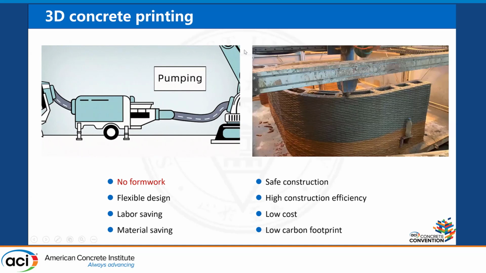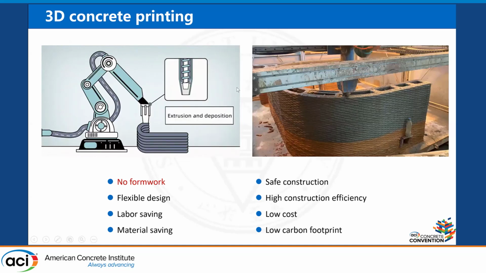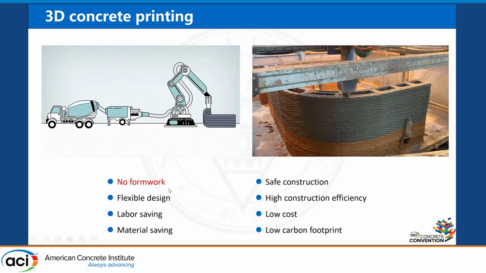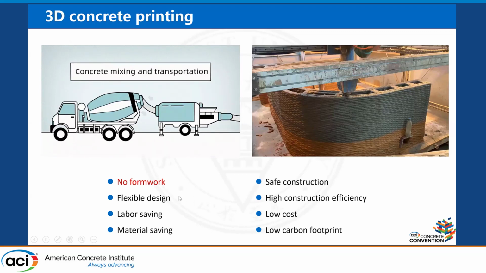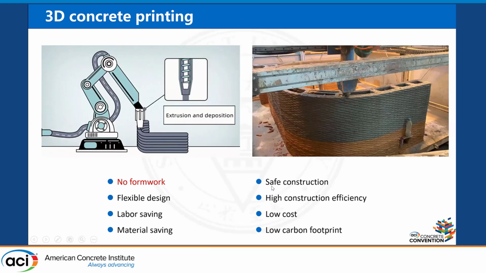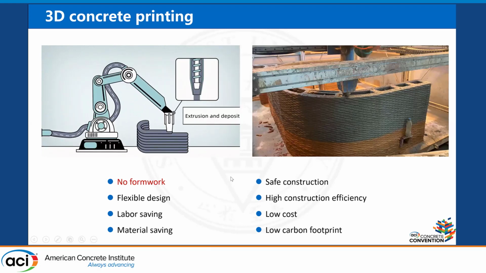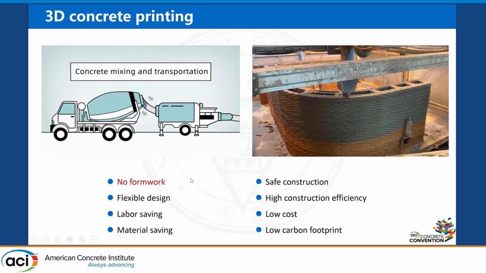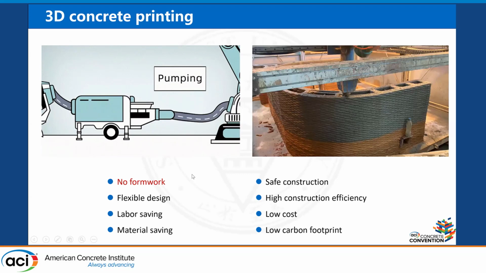When we talk about 3D printing technology, we know there are many advantages like no formwork. It's very flexible in design, labor saving. But one issue about 3D printing concrete is it works with no formwork. This will cause some problems.